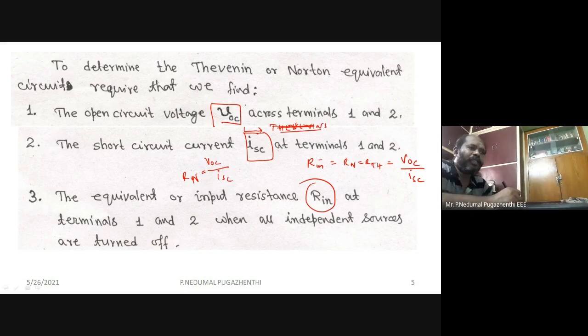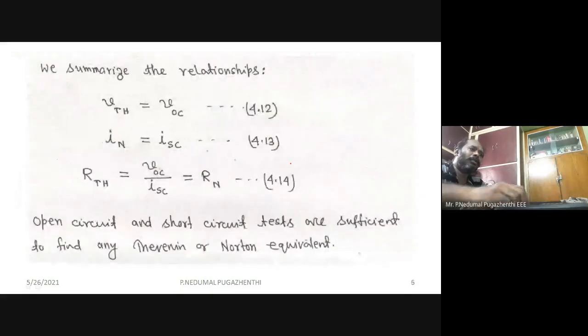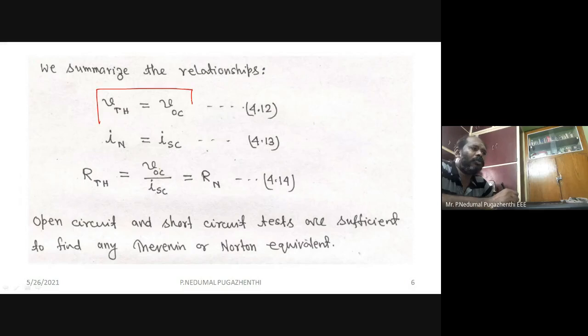So what is V_OC? This is nothing but V Thevenin. What is I_SC? That is going to be I Norton. So V Thevenin divided by I Norton will provide R Thevenin. V Thevenin is equal to V_OC, I short circuit is nothing but I Norton, and the relationship between these two will provide R Thevenin and R Norton.